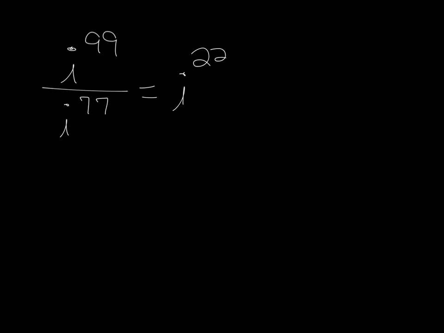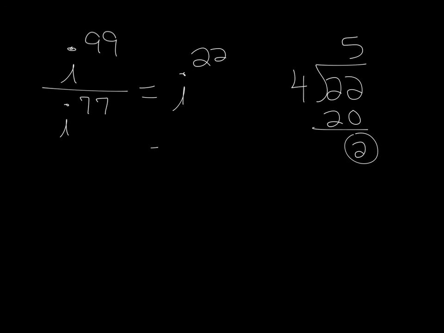Now we can use our little rule. We take the 22 and divide by 4. We get a remainder of 2, so i to the 22nd is the same thing as i squared, which is -1. So this simplifies to -1.